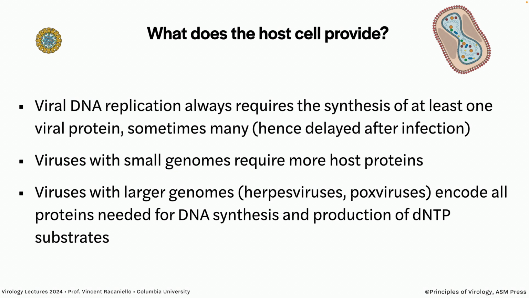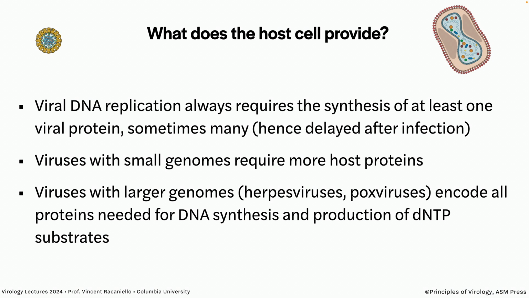The cell also provides help. It's not all viral. And as I said before, DNA synthesis always needs at least one protein, maybe more. We'll see examples of that today. And that's why DNA synthesis is delayed, because it takes time to make those proteins. Viruses with small genomes require more host proteins.